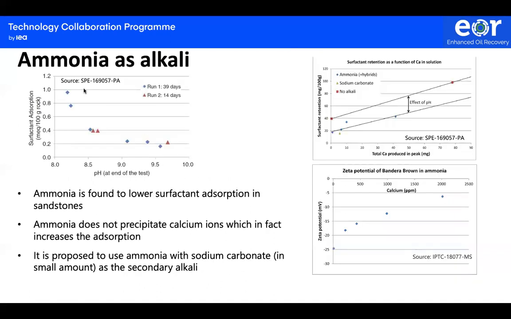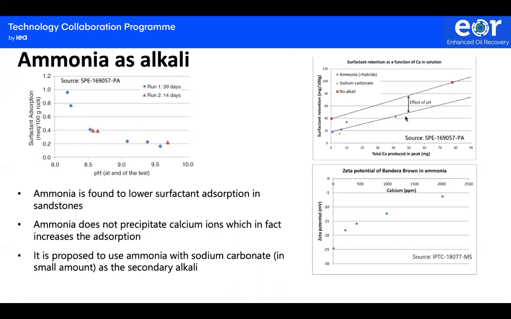So here I'm showing you results from this study, these three plots, where they found that by adding ammonia, as the pH increases, the surfactant adsorption goes down. However, because ammonia does not precipitate calcium ions, as the calcium concentration increases, you can see that the adsorption or the retention also increases.